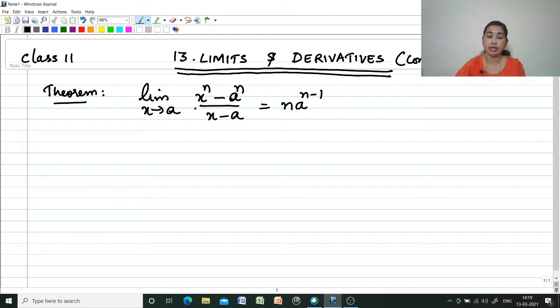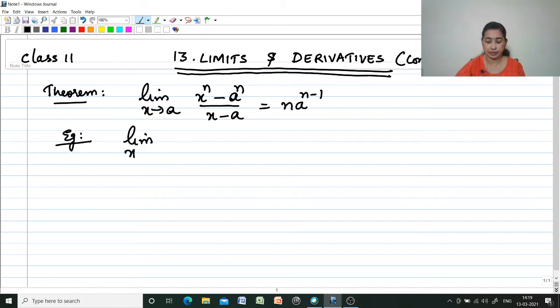We can apply these standard results in the problems directly, but we should know how to apply this. If it is in the form x raised to n minus a raised to n by x minus a, and limit x tends to a, then the answer is n a raised to n minus 1. I will show you one example here.